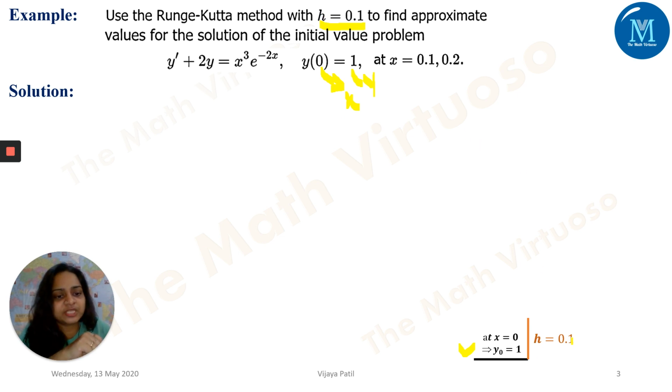So if I add this height to my x, my x would be 0.1. Now what is the task given to me? The task is to calculate y at x = 0.1. This is my first step, and I wanted to reach from the first step to the next step.